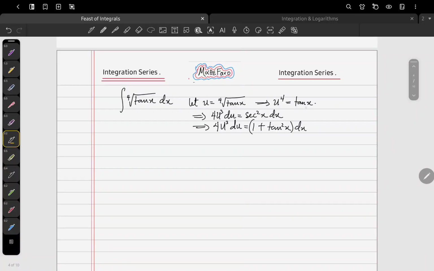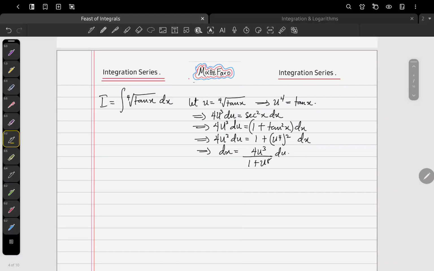And since tan x is equal to u to the power of 4, it means 4u cubed du is equal to 1 plus u to the power of 4, all to the power of 2, dx. So it implies that dx is equal to 4u cubed over 1 plus u to the power of 8 du.